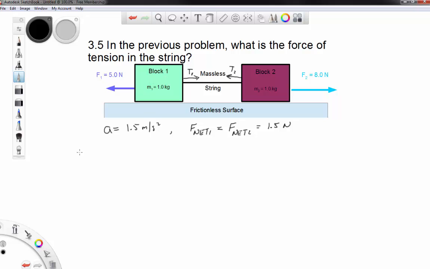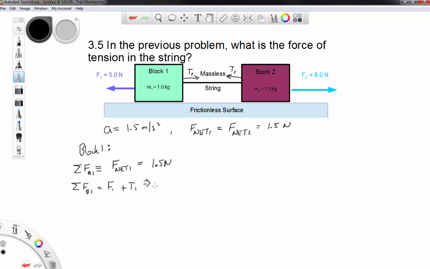So let's look just at block 1. Block 1 has the condition that the sum of forces on block 1, that's the very definition of net force, is equal to 1.5 newtons. But the sum of forces must be equal to the first force, which is labeled F1, plus the second force, which is T1.